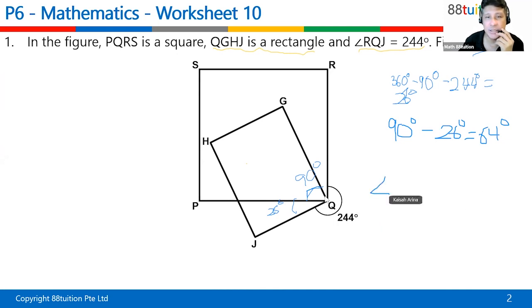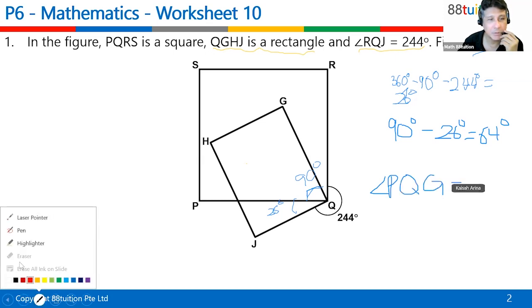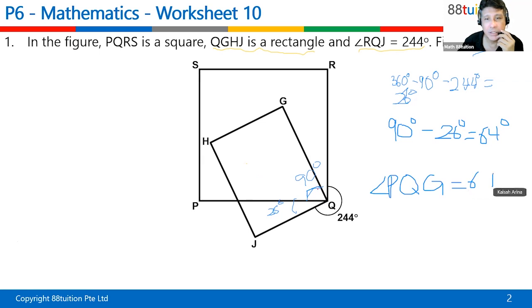Okay, let me get my annotation also. Okay, she's solving for this little angle here. So this is 64. Okay, good job.